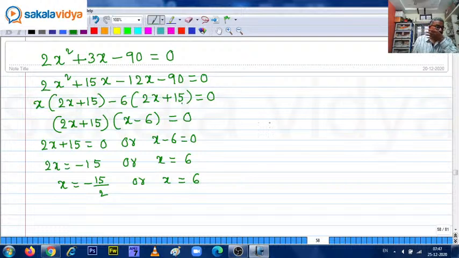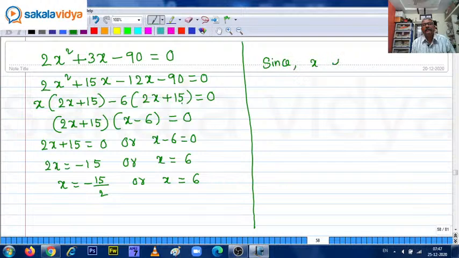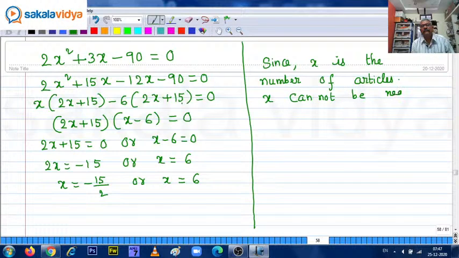Now since x is the number of articles, x cannot be negative and also fraction cannot be negative. So that means it is neglected and we need to consider 6. Therefore x is equal to 6.